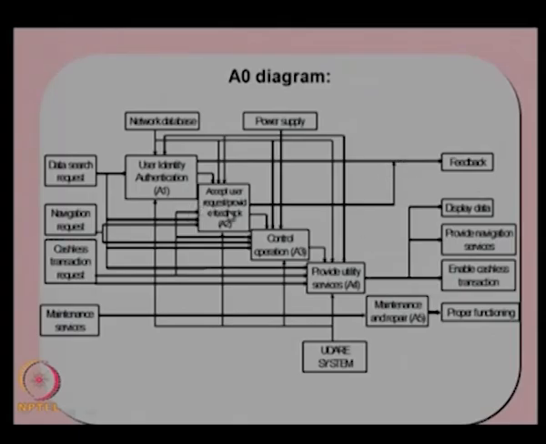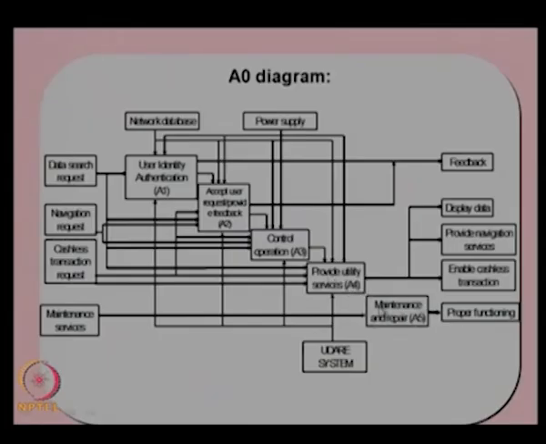And the third function is control operation, which is the A3, the third function of the main function. Control operation is basically to control, using the input data or the output from these 2 functions as well as the data request, and then control signals will be used here to control the operation, and based on that the utility services will be provided by the system. So, this is the 4th function.